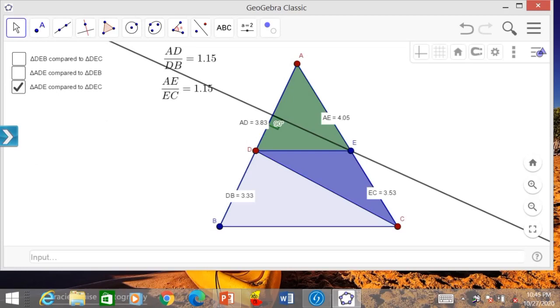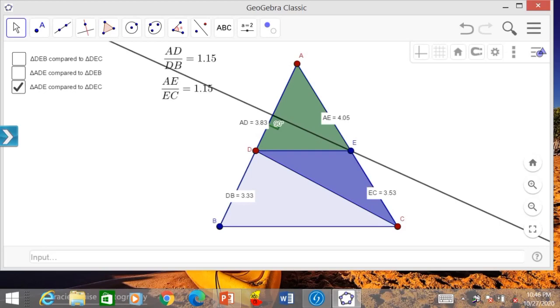Now compare these two triangles, triangle ADE and triangle ECD. If I want to compare the area of two triangles, I have to draw the height, because the area of a triangle is equal to half into base into height.